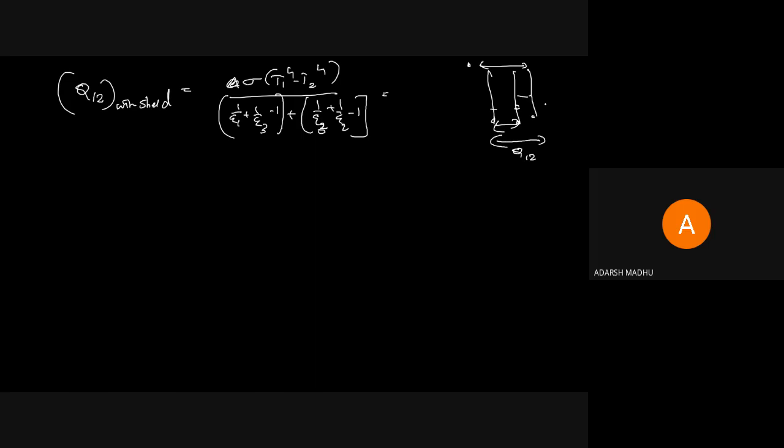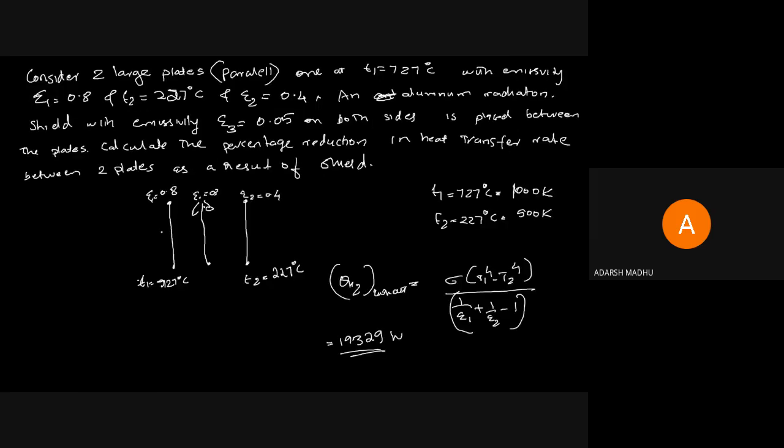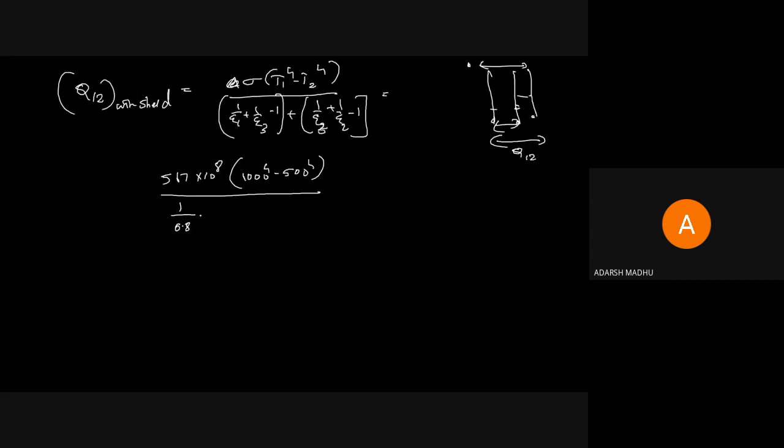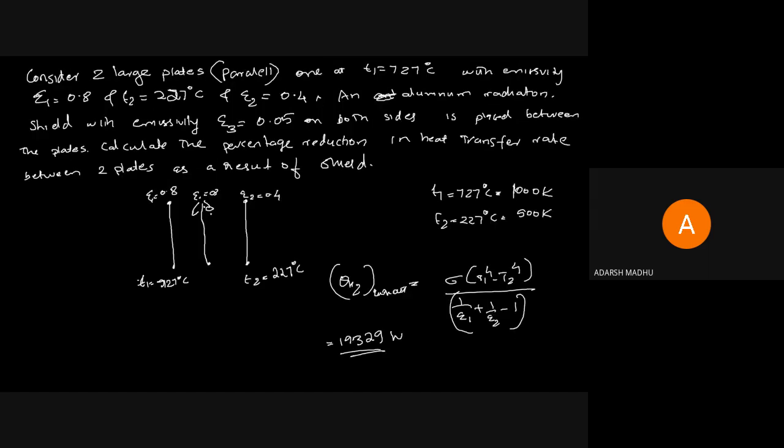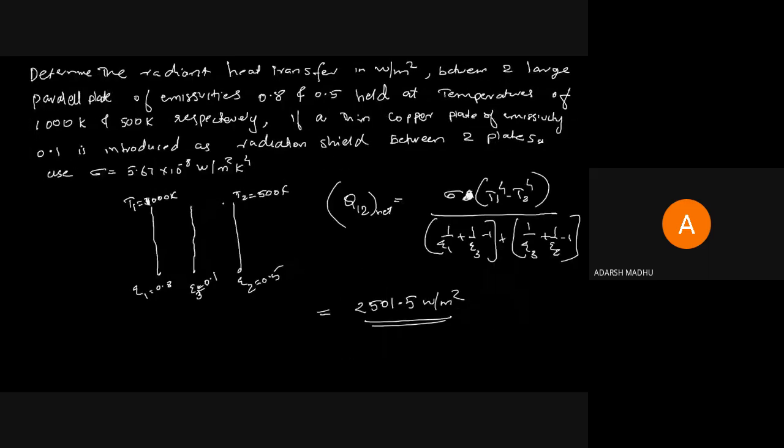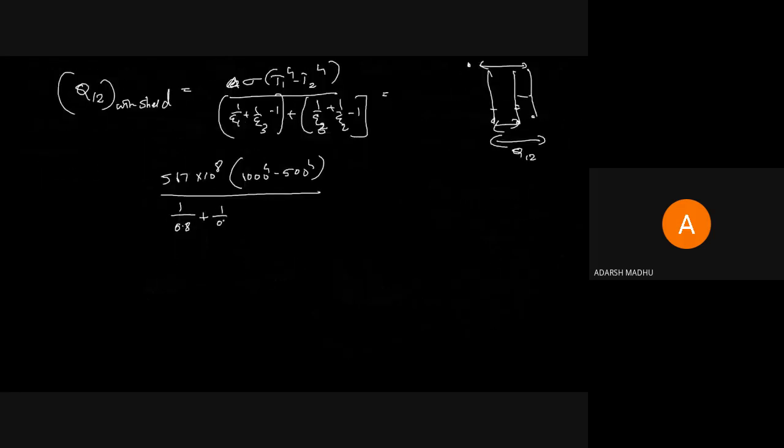Okay, so here with the shield, what is the value? Sigma is 5.67 times 10 power minus 8, times T1 is 1000 raised to 4 minus 500 raised to 4, divided by 1 by epsilon 1, which is given as 0.8, plus 0.05, plus 1 by 0.4.